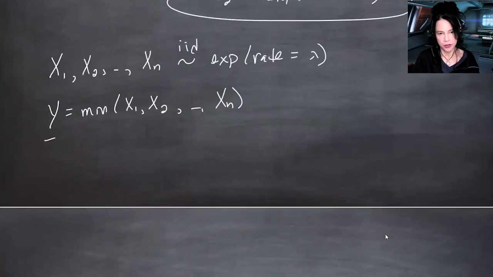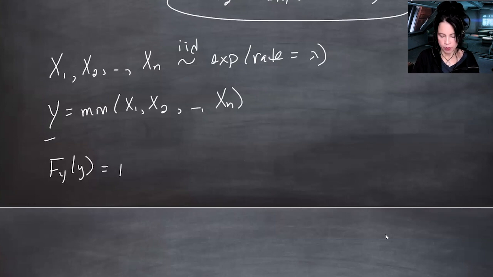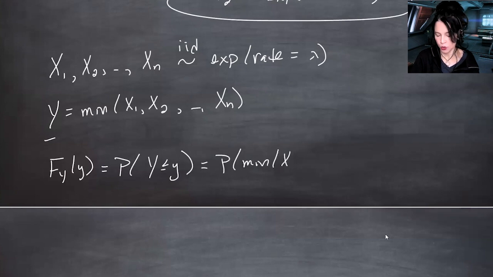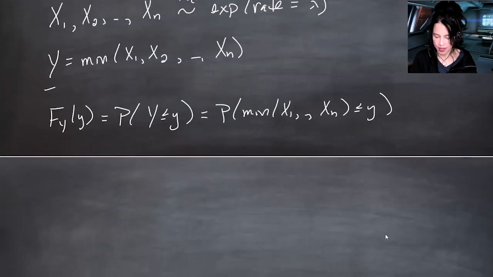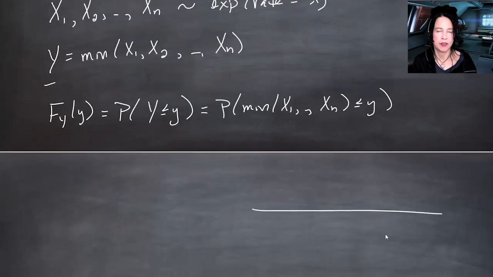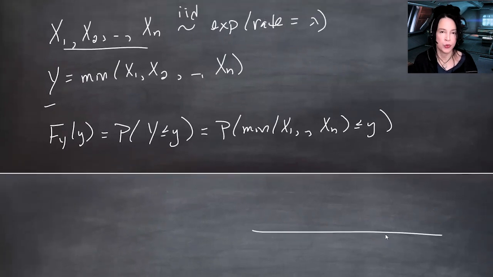We wanted the distribution for y, so we were looking at the CDF for y. This is the probability that y is less than or equal to y. This is the probability that the minimum of x1 through xn is less than or equal to y.